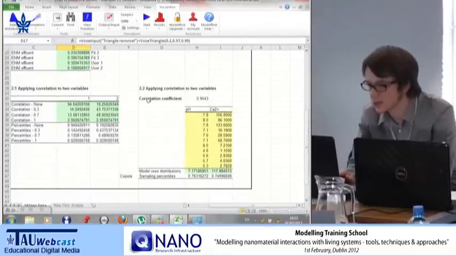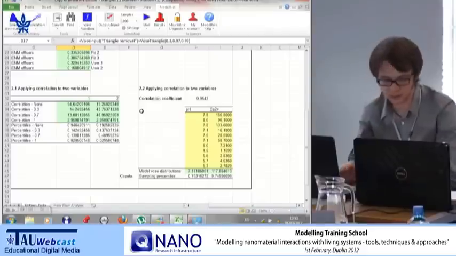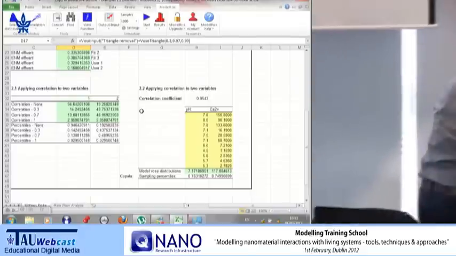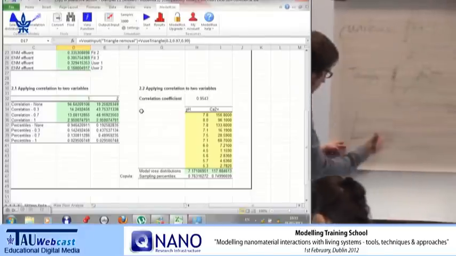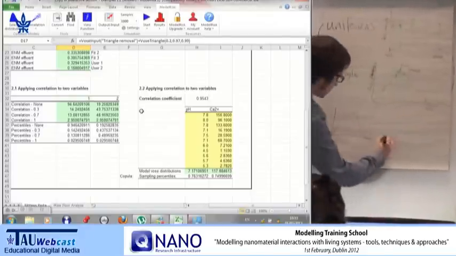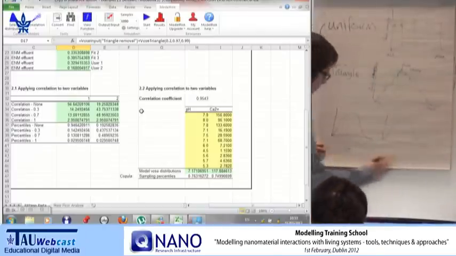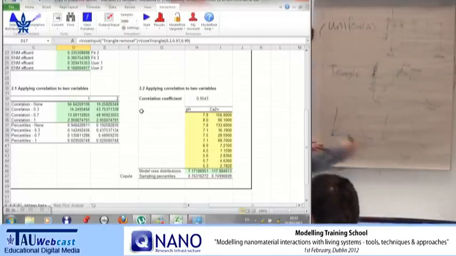I'm now going to look at correlations. So again, two elements are variable. They both vary, but there is some kind of link between the two. There's a correlation between the two, and you want to represent this in your model.